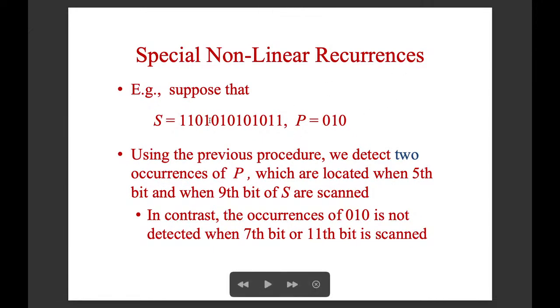P occurs at this location, 010, and after that we chop it off, and then we find that P occurs at this position again, and after that we chop it off, and then we don't see any P. So P occurs after reading the 5th character, 1, 2, 3, 4, 5, and also after reading the 9th character. Is that okay?